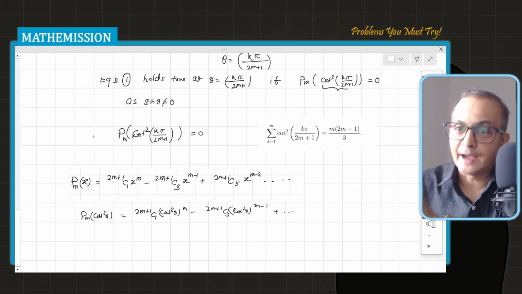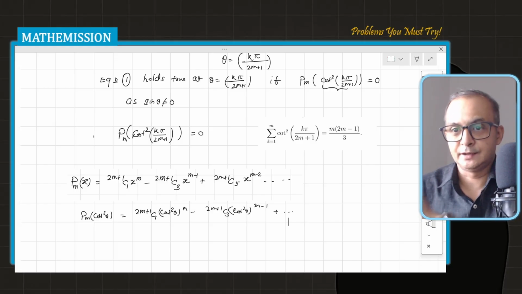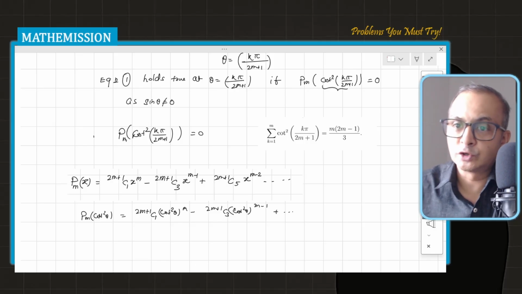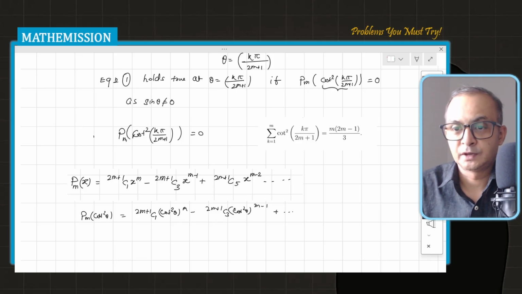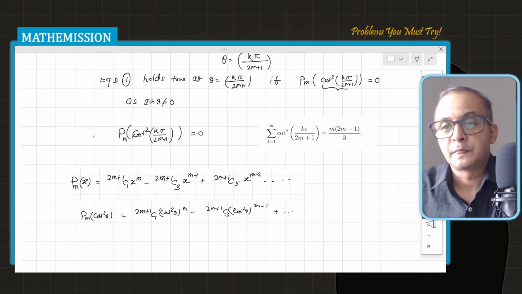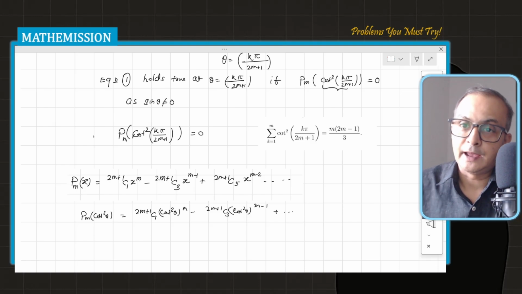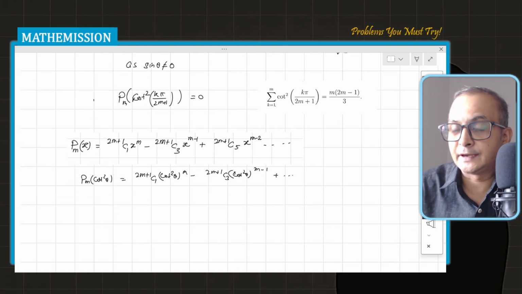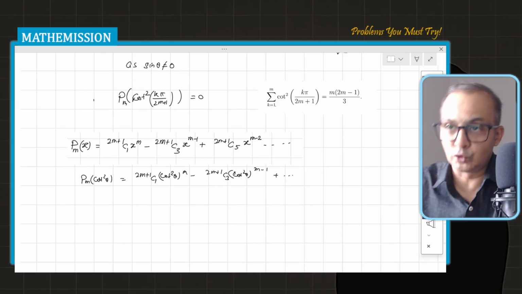It means that the first root we got is cot square pi by 2m plus 1. The second root we get is cot square 2 pi by 2m plus 1. It means they are taking all those roots and finding the sum of roots.